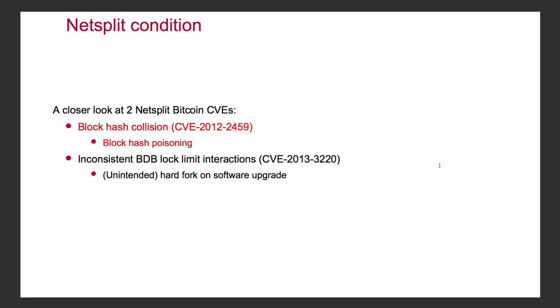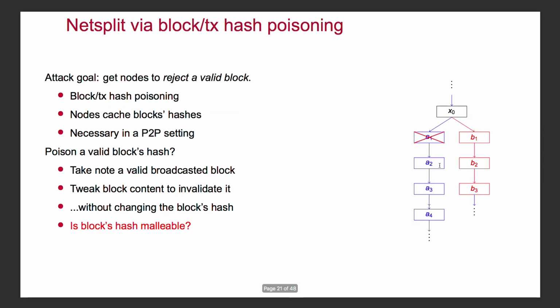So let's look at how it would be possible to cause a net split condition. The one typical way that comes up in cryptocurrency clients is via block hash poisoning. So what's that? When nodes process blocks, since this is a peer-to-peer network, the nodes want to do this only once.